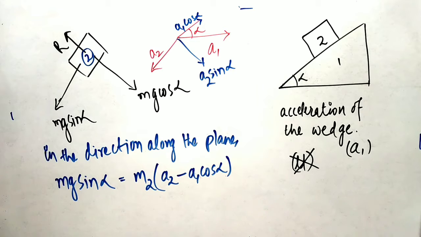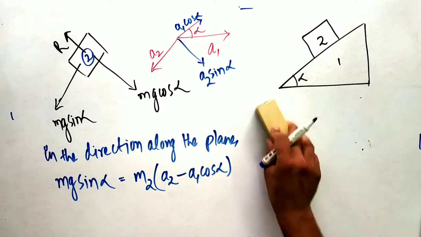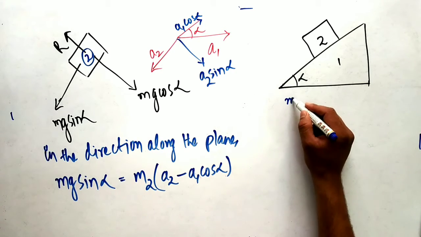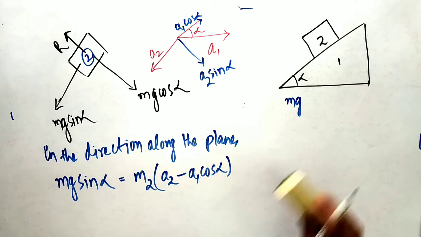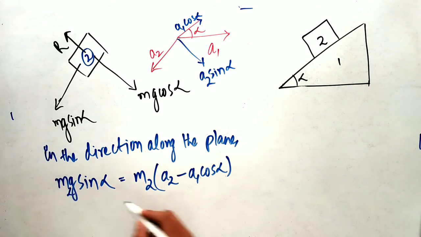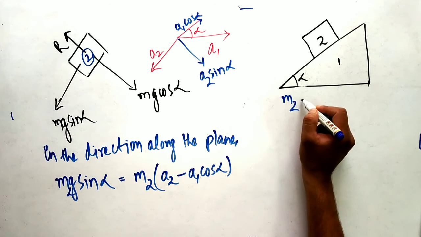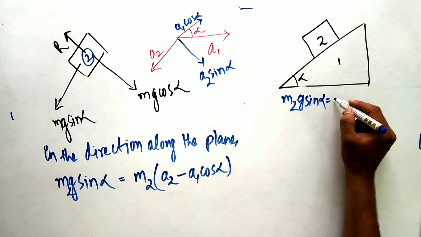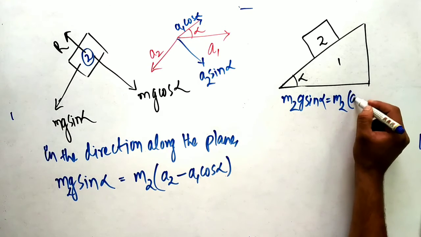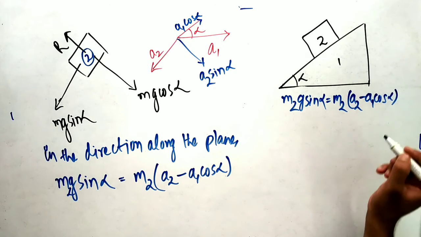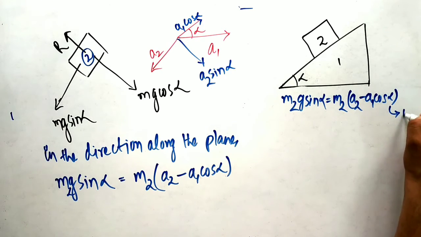We'll keep this aside with us. m2g sine alpha is equal to m2 times a2 minus a1 cos alpha. We'll name this 1.